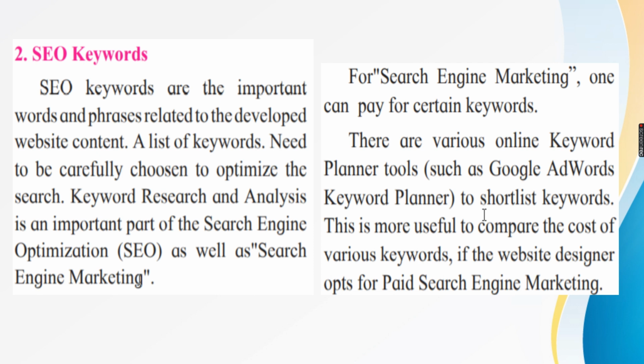So Google has provided this tool to identify which are the popular keywords. Okay, so the developers can use this tool and understand which keywords are popular among the audience and which keyword the audience is typing again and again. Okay, and they can use such keywords in their coding.